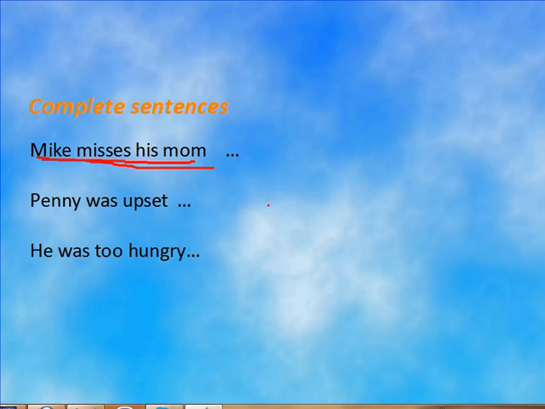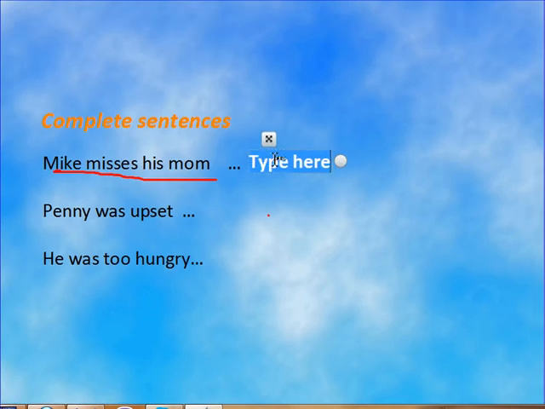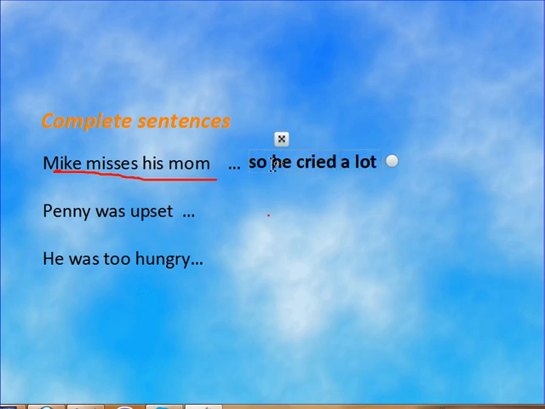Mike misses his mom. So we can write a sentence like this: Mike misses his mom, so he cried a lot. So crying is result of missing his mom. Let's look at this example. Penny was upset.